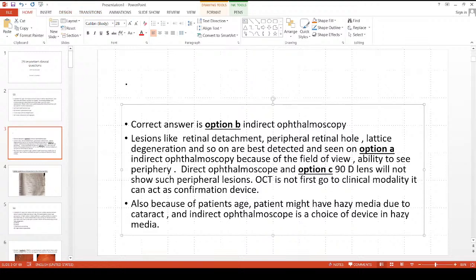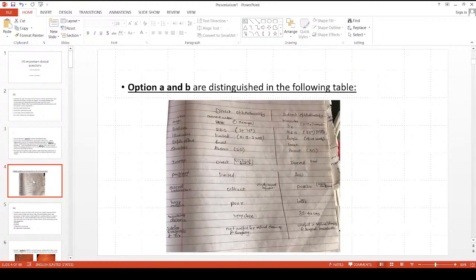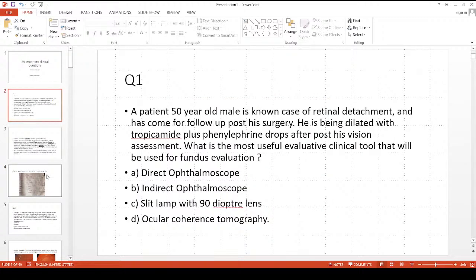Also, because of the patient's age, the patient might have hazy media because of cataract, due to which the indirect ophthalmoscope becomes a choice in these patients. Now, whenever you get any question, how do you need to study about the question? I'm going to give some hints about that in today's PPT also. What is important is that you look at all the other options. Now, we are discussing how to examine a patient who is dilated for retinal examination.